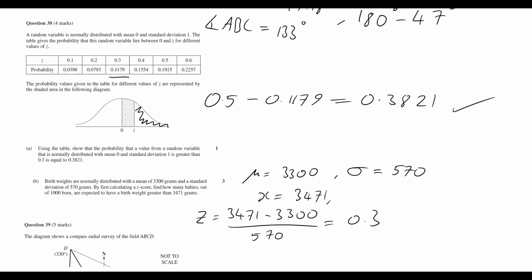What's interesting, it's the same z-score that we're working with in part A. Okay, well the only difference now is that we are looking at a percentage of 1,000 babies being born. So if it's going to be heavier than 3,471, we know the percentage is going to be equal to 38.21%.